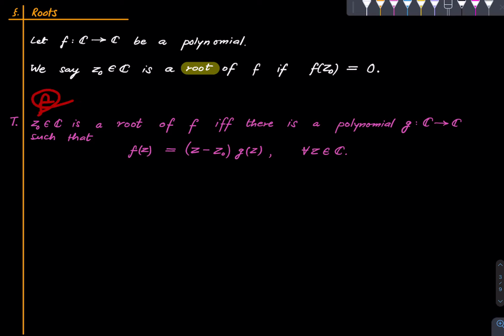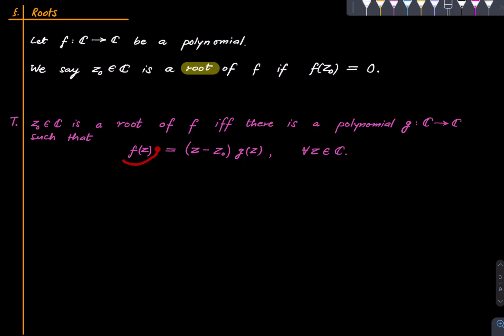So f is some polynomial, and the theorem says that z0 is a root of f if and only if there is some polynomial g such that f(z) is equal to (z minus z0) times g(z) for all z. So you can write f(z) as the product of these two polynomials.